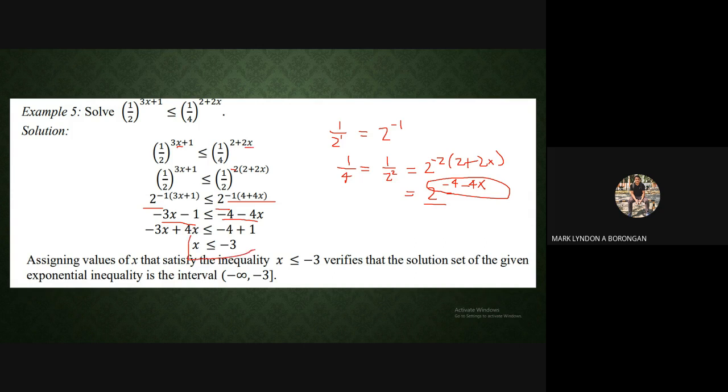Dapat kani imuhang basihan nga equation ay kani nga answer sa x, kani nga values for x. Therefore, the inequality has the open interval negative infinity, and also closed interval -3. Closed interval siya because this is less than or equal. Okay?